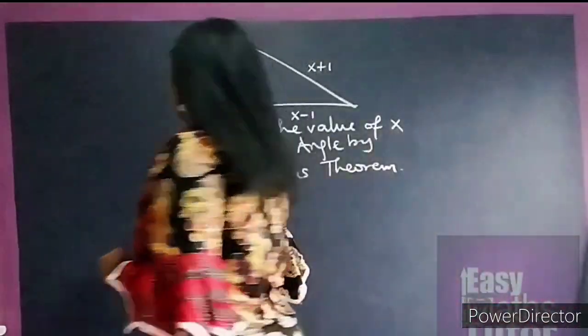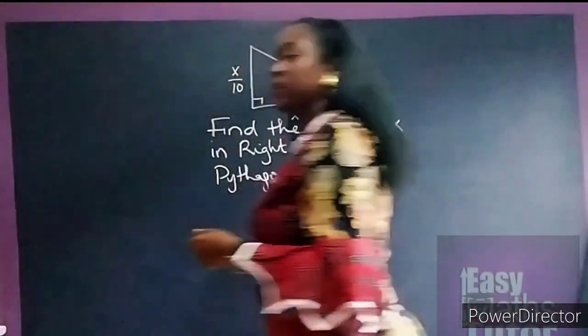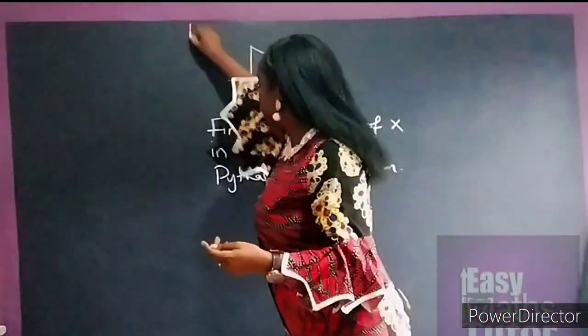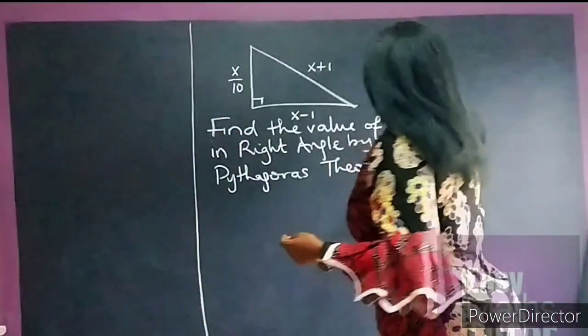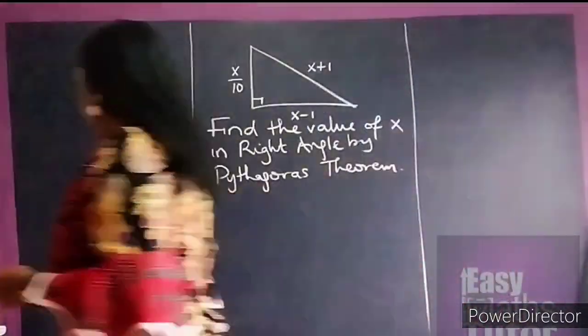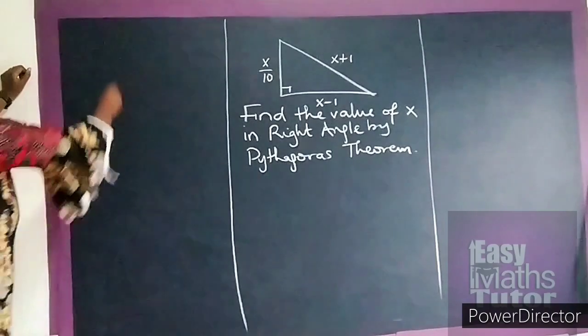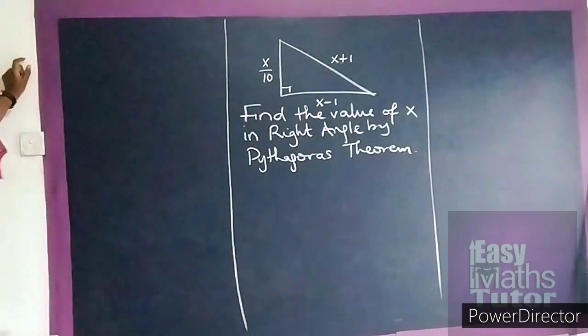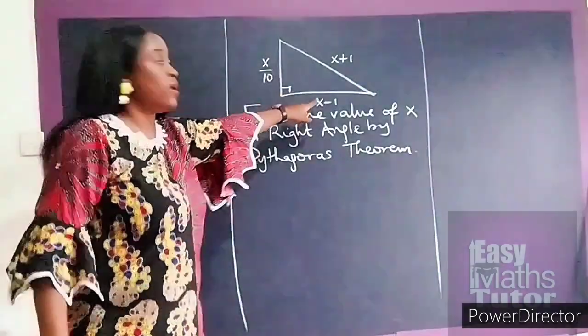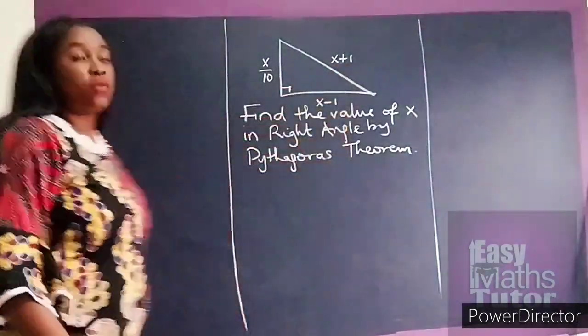So let's assume I'm using this right angle triangle as a case study, right? So let's go to this side to solve it. Now, using Pythagorean theorem, this square plus this square is equal to this square. Alright?